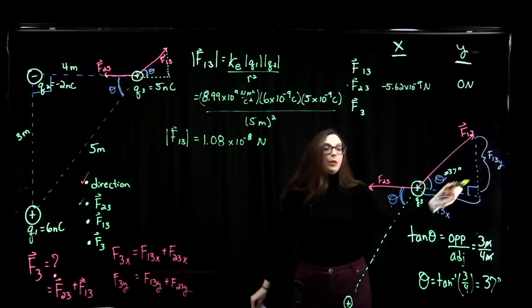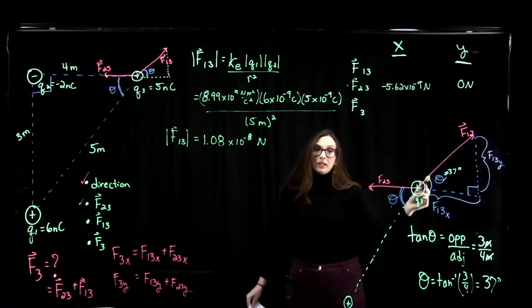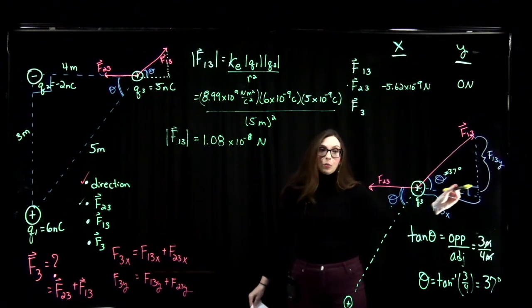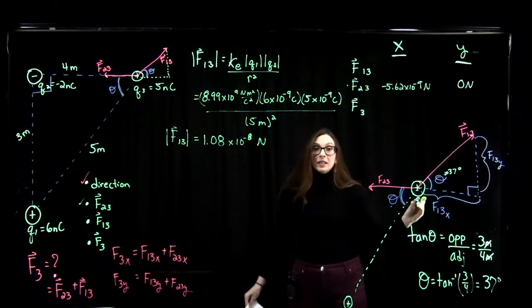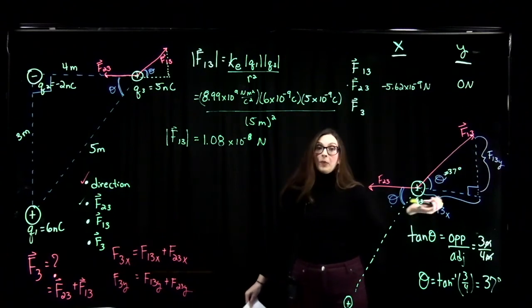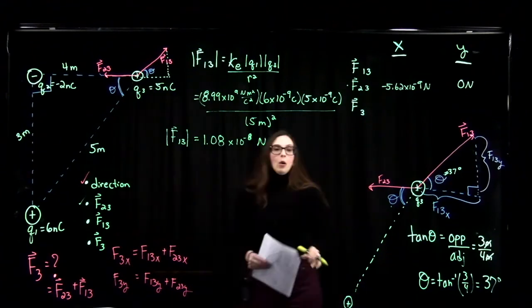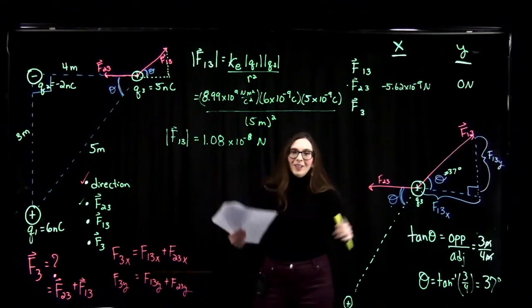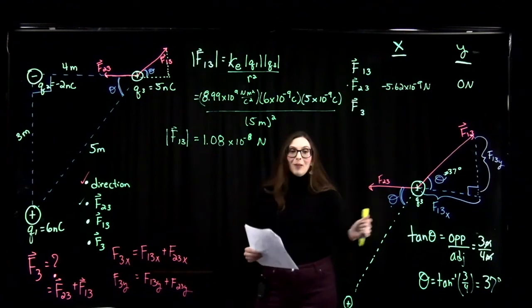To get F13y or F13x using this angle, we've got our hypotenuse, we've got one angle of this right angle triangle, so we can use sine or cosine in order to get the components of this vector. Which leg will we start with? Let's just start with cosine and see where we go from there.